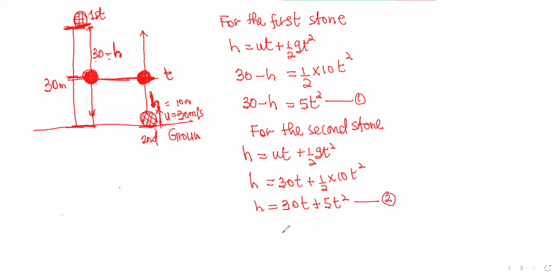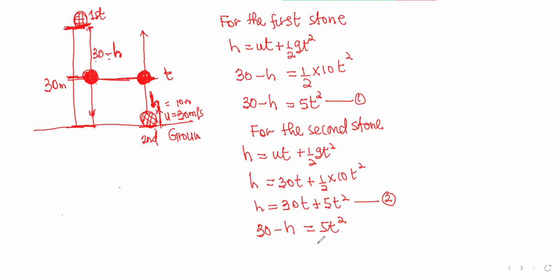So basically we have equation 1 and equation 2 to solve simultaneously. Equation 1 is 30 minus h is equal to 5t squared.